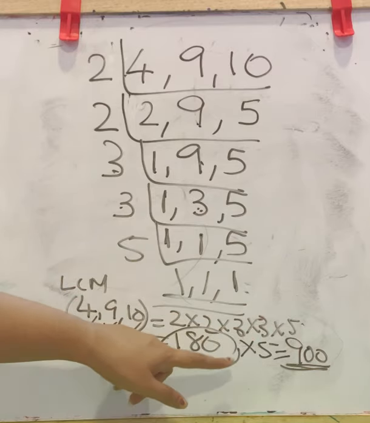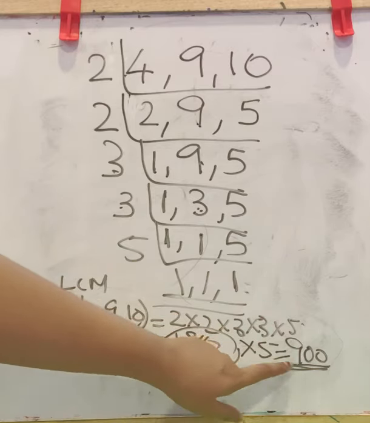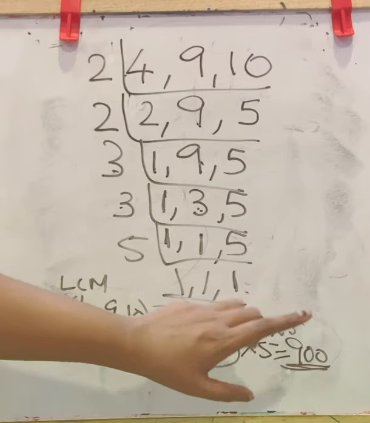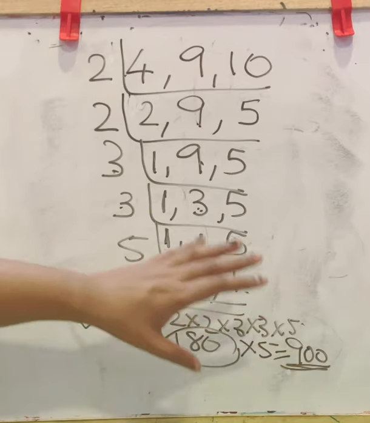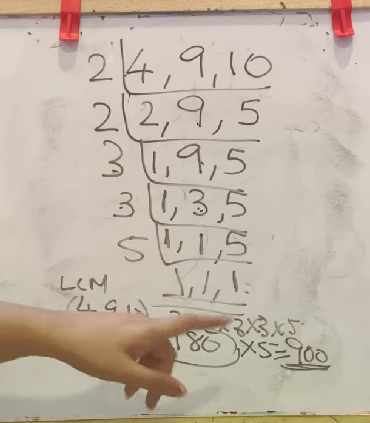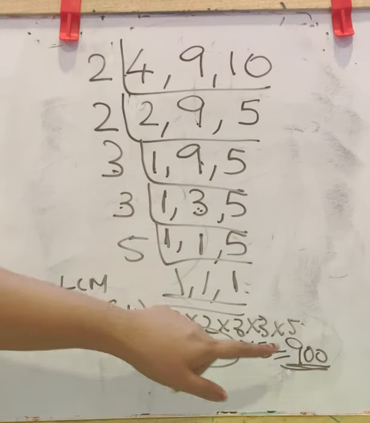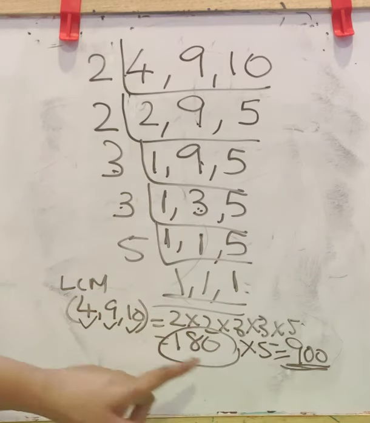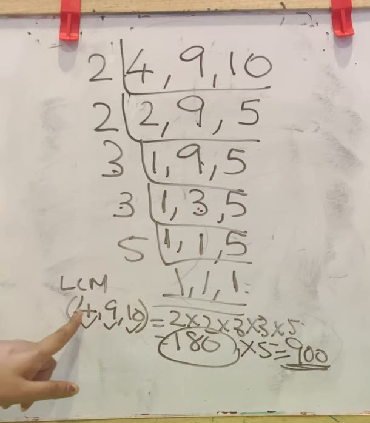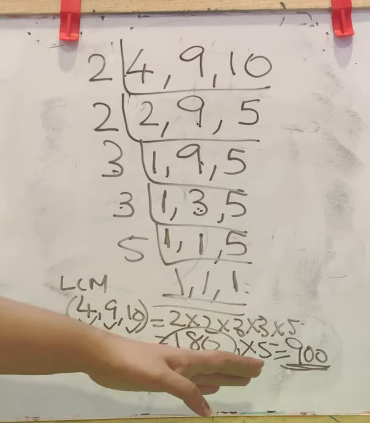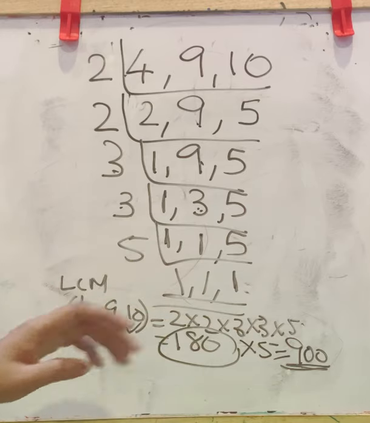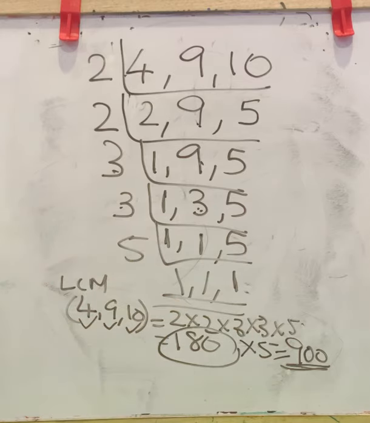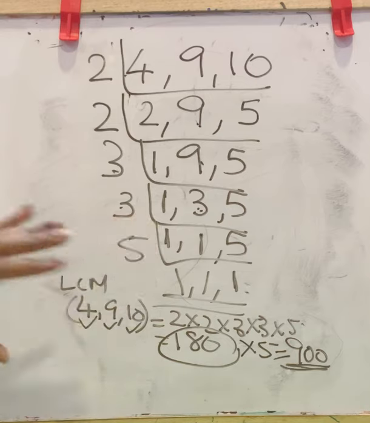So multiply this LCM with 5 and you will get a new number. That will be a perfect square because in that we have all the prime factors with pairs. Now this is a perfect square and also each and every number in the question will be divisible into it. That is, 4 is divisible into 900, 9 is divisible into 900, 10 is also divisible into 900. So this is the way to solve the given question.